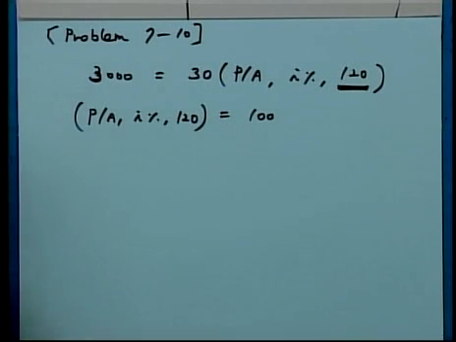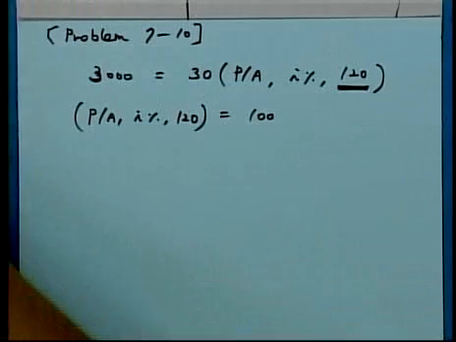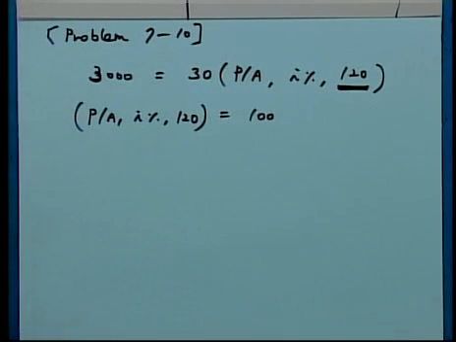Now we need to look at the compound interest table. So P given A for 2% over the 120 periods is 45, which is too small.